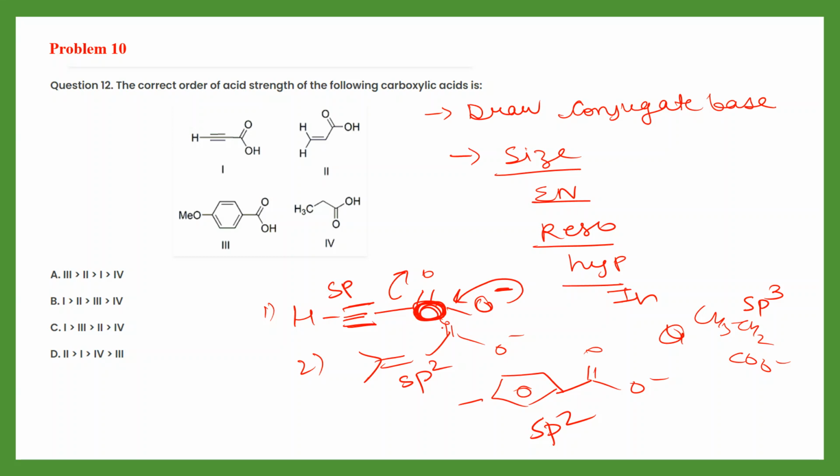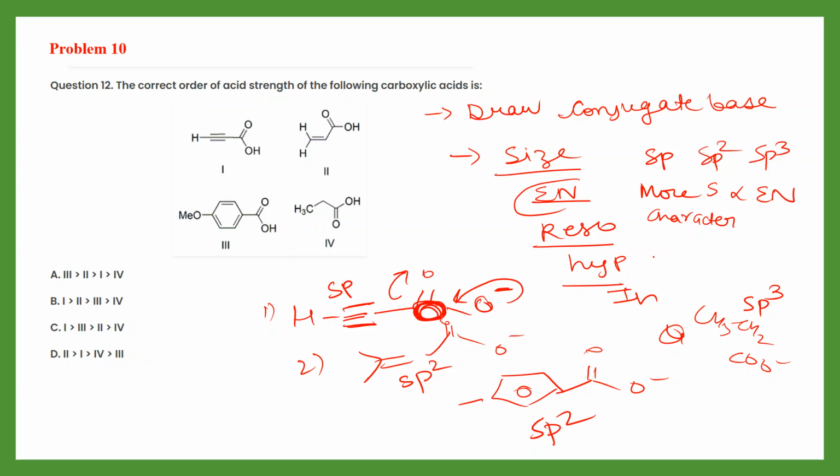According to you, can anyone tell me the electronegativity order of sp, sp2 and sp3? As a hint, let me tell you, the more the s character, the more is your electronegativity.